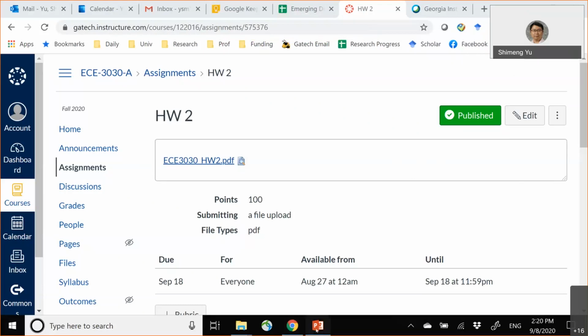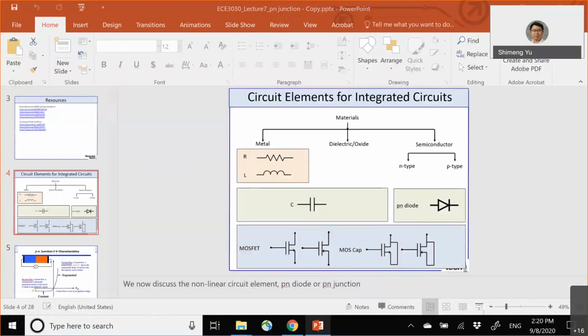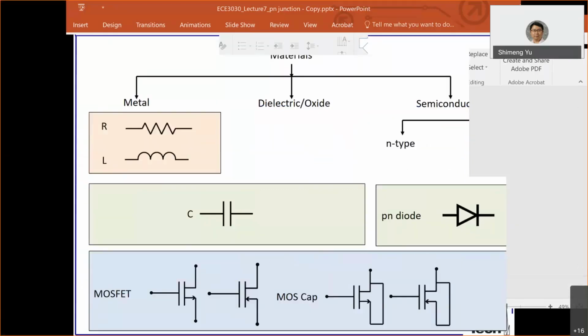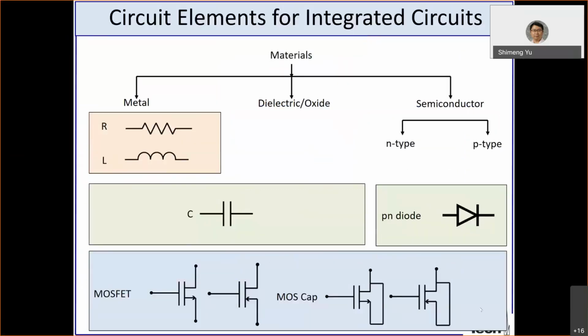Okay, so let's come back. So here we talked about the metal, which is essentially a resistor. And then today we're going to talk about this PN junction. And in the circuit element, we use it as a diode.